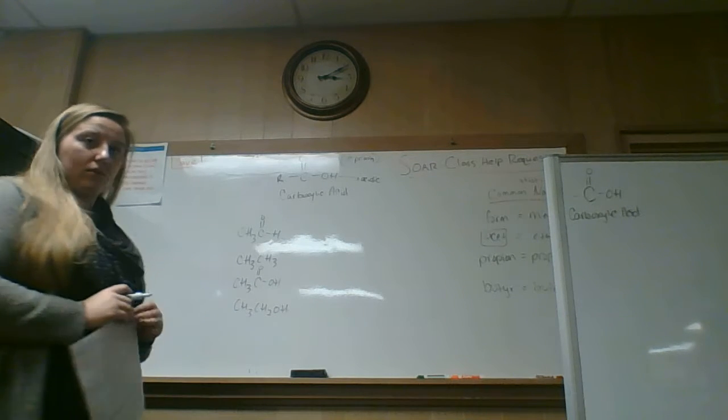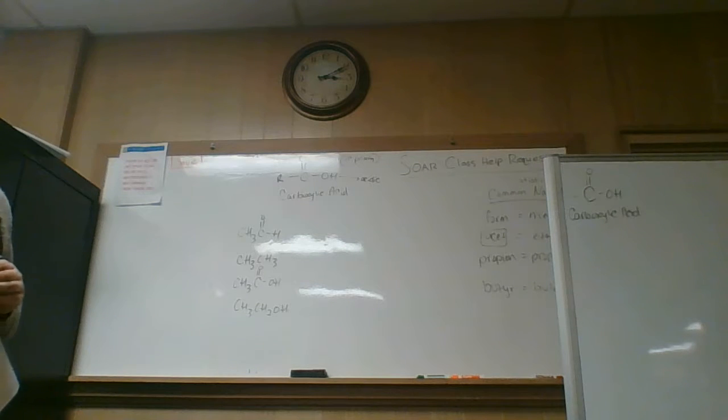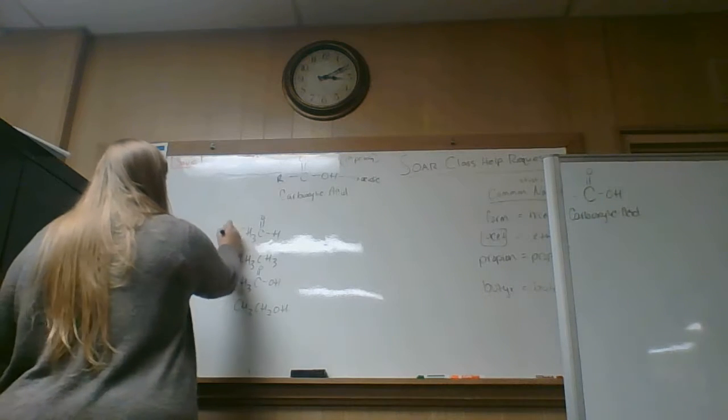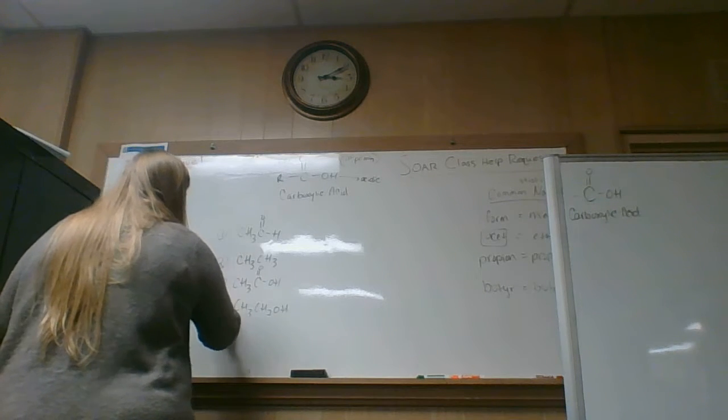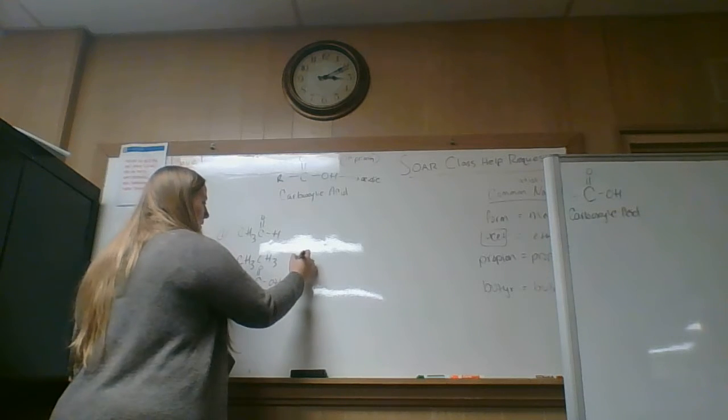Which of these do you think would have the lowest boiling point and why? The alkane. Okay, so which one's the alkane? The second one. Okay, why would this one have the lowest boiling point?